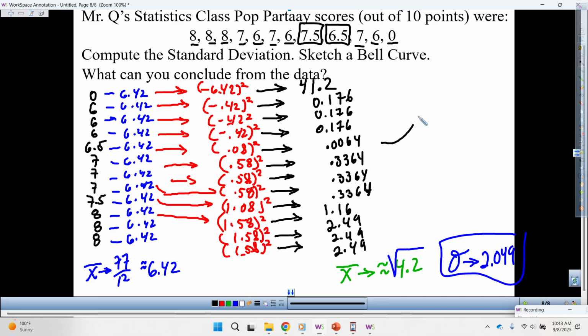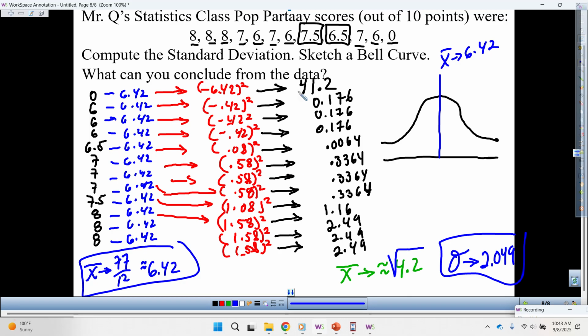Here we go. Bell curve. Our original mean was 6.42. And that's the average score of the block parties. If we go one standard deviation up, that means 6.42, we add this, so that gives us 8.46.